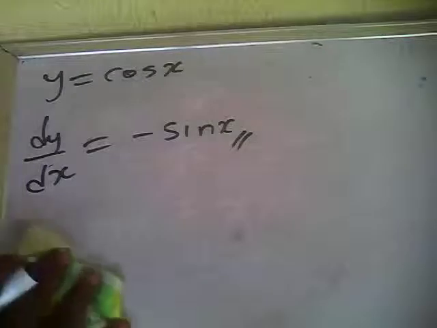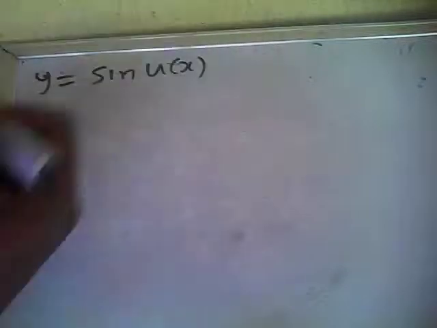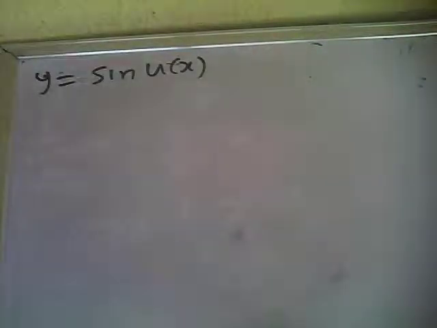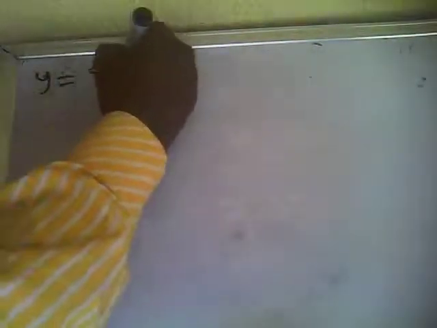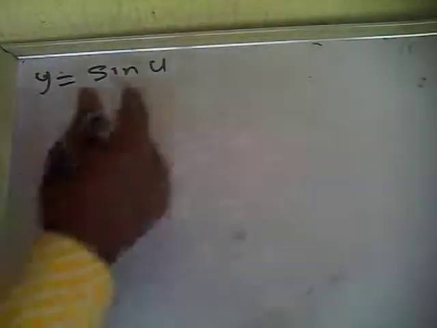Now, because of the simplicity of the questions that we have in that year, I have the opportunity to give you a summary of the derivatives of some functions. Let's say y is sine u, where u is a function of x, or u of x.